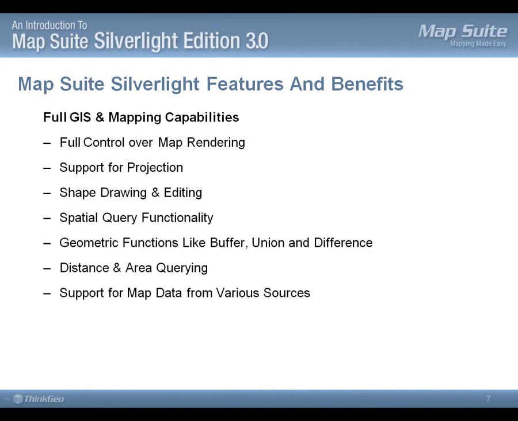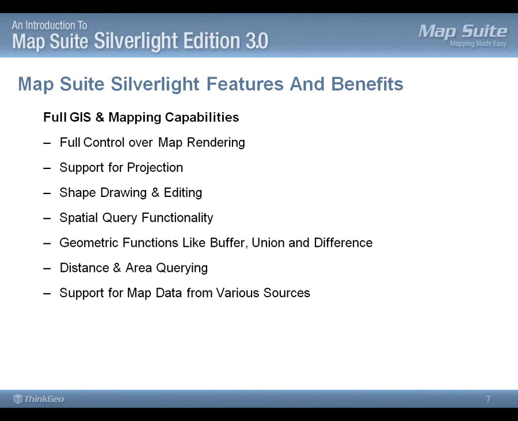The other thing to consider is a lot of Silverlight controls out there are very lightweight and basically just for viewing stuff and things of that nature. We didn't want to take this approach with our product line. We wanted to have full GIS and mapping capabilities. So you'll find full control over the map rendering with all the various styles that we have in our other versions. We have support for projection.